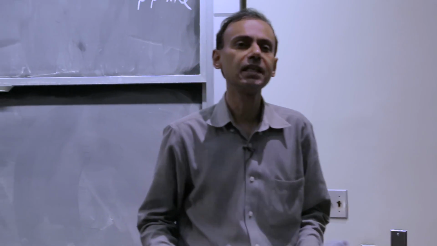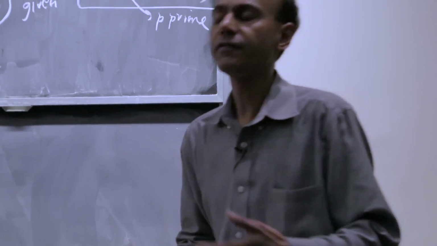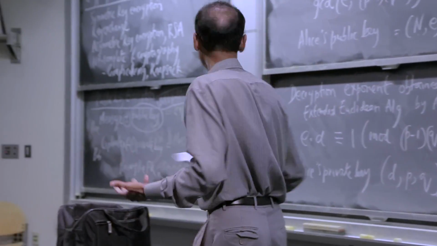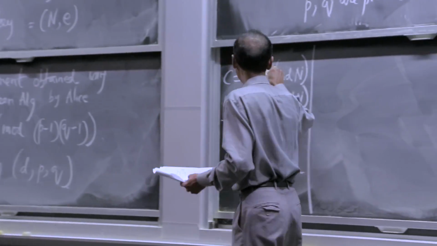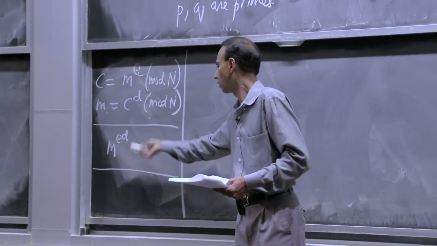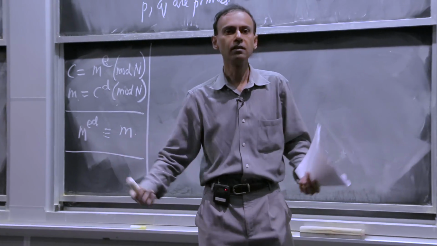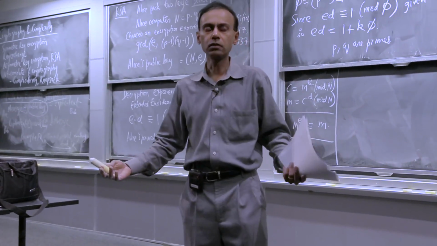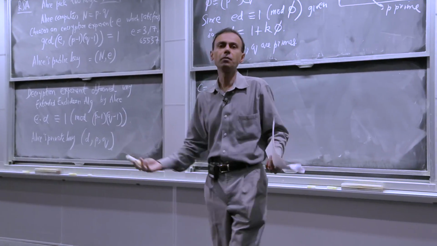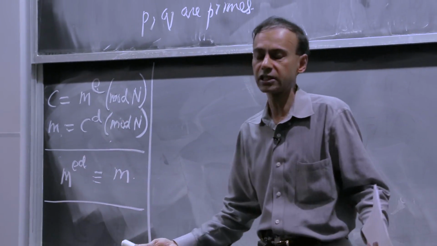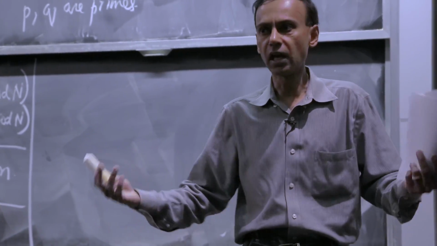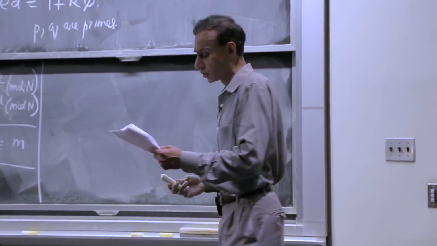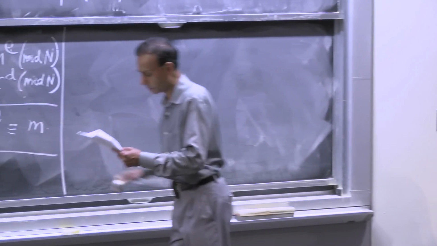For these choices that we have of e and d, we've set up the d in such a way that, if you just do encryption followed by decryption, you are doubly exponentiating, right? That makes sense? Ask me questions if this doesn't make sense. This is important. M raised to ed should give you back m. And if you can show that for any m, you're done. That's the functionality of RSA. All right? So that's encryption and decryption.